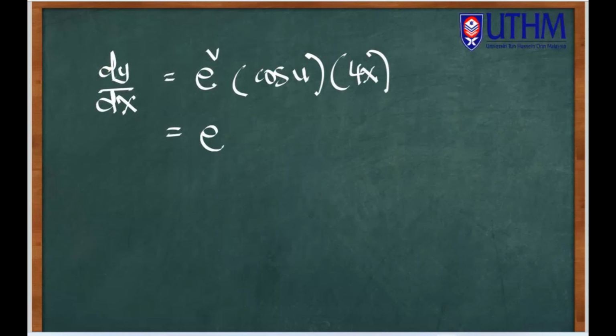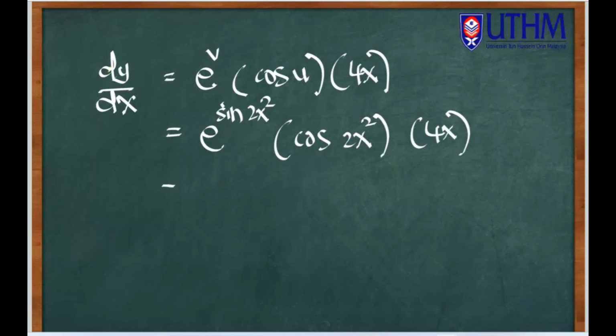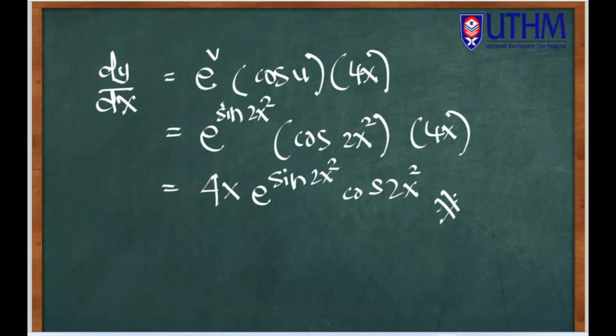Our v is sine 2x squared. And cos u, what is our u? Our u is 2x squared, and finally 4x. So finally we can rearrange this one. We get 4x exponent sine 2x squared times cos 2x squared. So this is the answer.